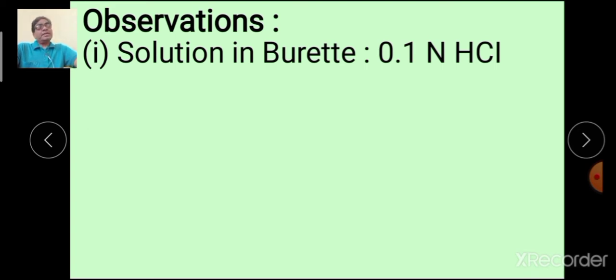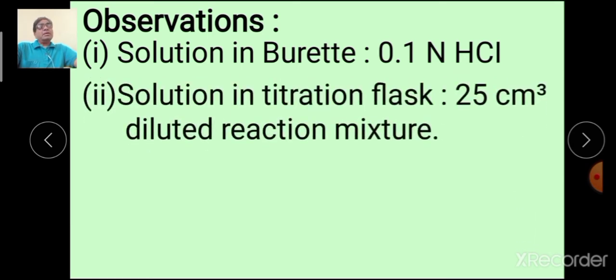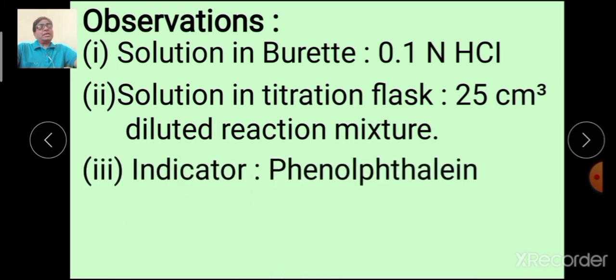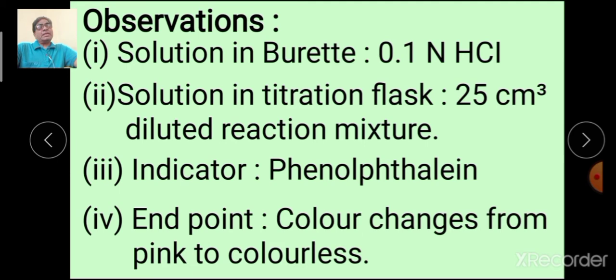Then in the titration flask, you have pipetted around 25 cc of diluted reaction mixture, that is the heated solution which is diluted, out of which you have taken 25 cc for the titration. The indicator is phenolphthalein, and the color change is from pink to colorless, because phenolphthalein has pink color in the alkali as told, and changes to colorless.